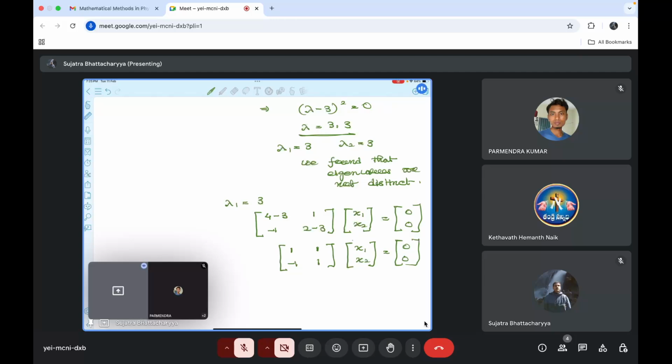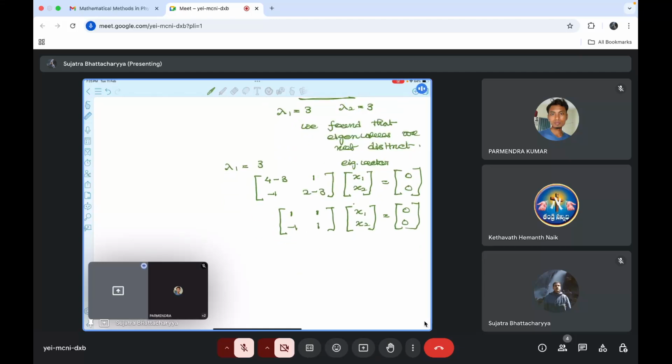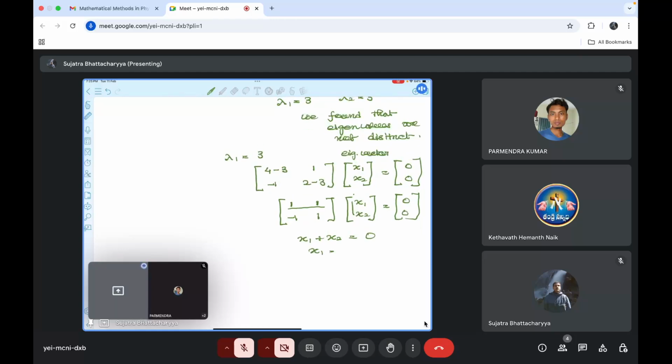You know that this is your eigenvector. Okay. X1, x2 are my choice. Anything can happen. Let us multiply this row with this column, the simple matrix multiplication. So x1 plus x2 should be equal to 0. This is what we are getting. So x1 is equal to minus x2.